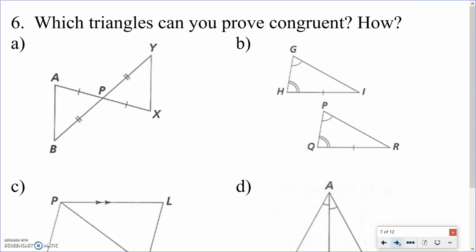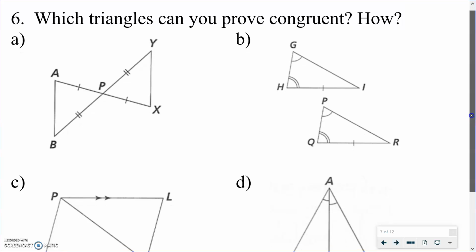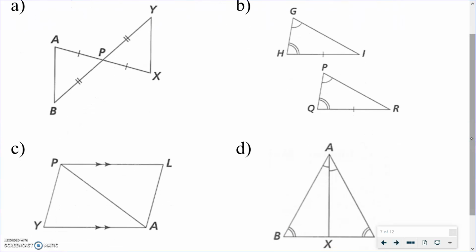Okay, so now we're going to look at these and say which ones can we prove are congruent, okay? And we have to use our prior knowledge here as well. So I'm going to look and I say, oh, okay, we have these two sides that are labeled that are the same. So two sets of sides that are the same. And then I also look here and notice that these are vertical angles right here, okay? So APB and XPY are vertical angles.